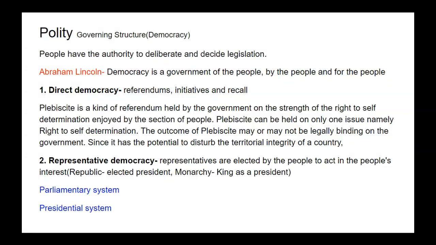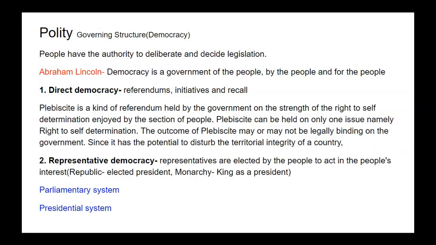Plebiscite can be held on only one issue, namely right to self determination. The outcome of plebiscite may or may not be legally binding on the government, since it has the potential to disturb the territorial integrity of a country.